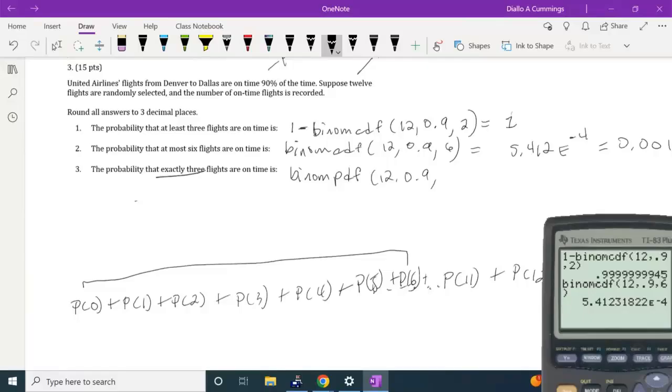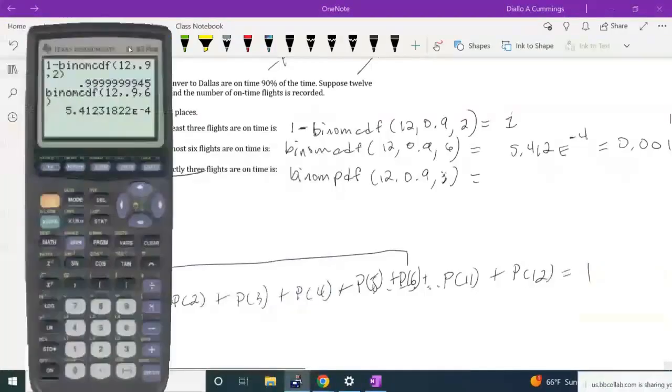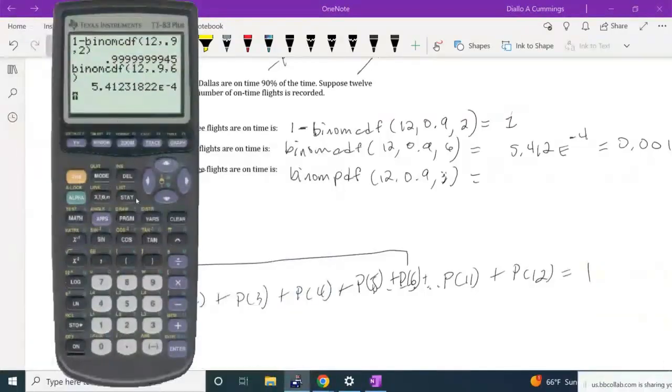The probability that the flight is on time is 90%, and we want exactly 3 flights. So this is binomial PDF 12, 0.9, 3.